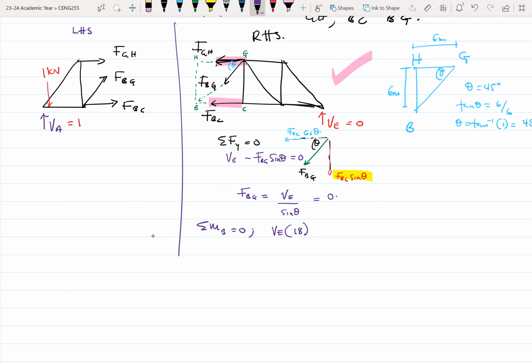And this will cause a counterclockwise rotation about B. And FGH will also cause a counterclockwise rotation about B. So that makes both VE and FGH positive in terms of moment. And then the moment arm is this height here, that'll be 6 meters. And this will give us 0. FBG and FBC are passing through the point B, so their moment goes to 0.